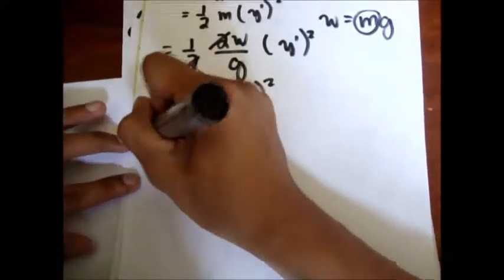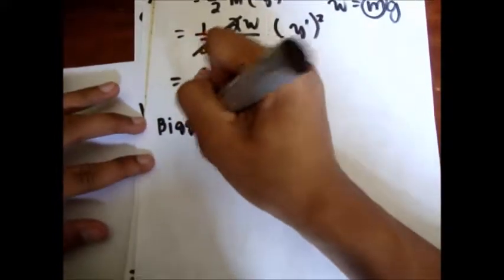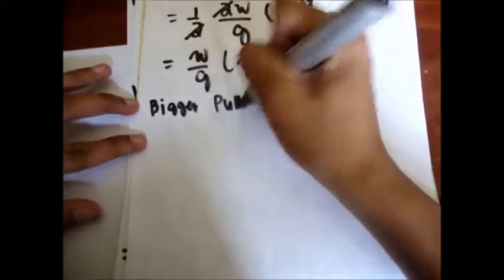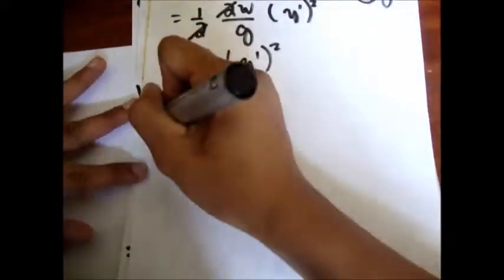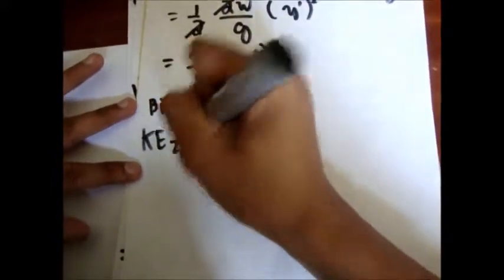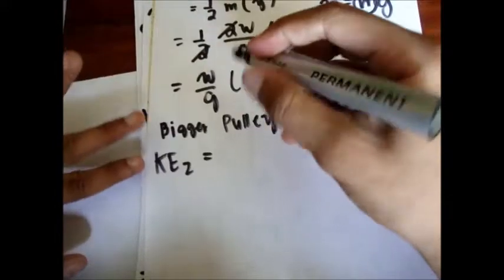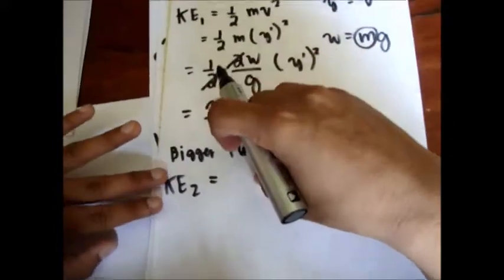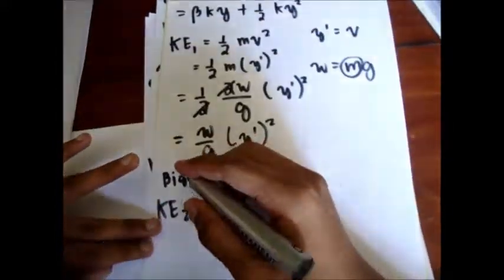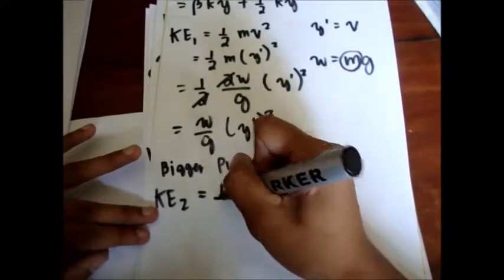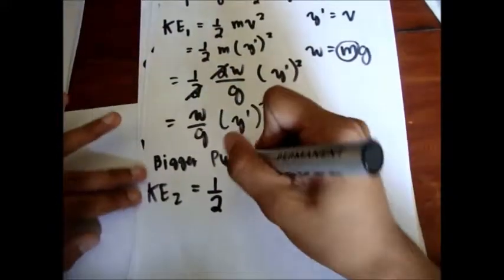The next kinetic energy is for our bigger pulley, which we will denote as KE2. Recall that our pulley is moving, so we will solve this by the moment of inertia.